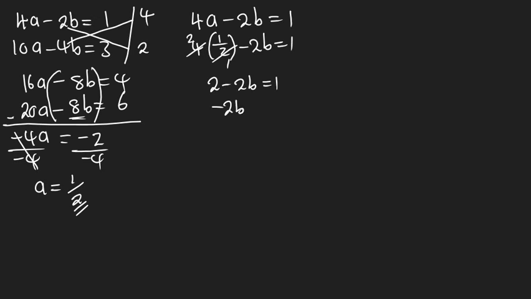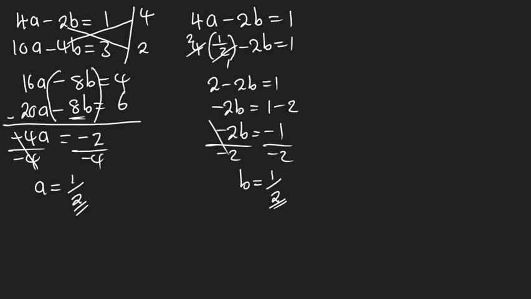So minus 2b is equal to 1 minus 2. So your b is equal to 1 over 2.